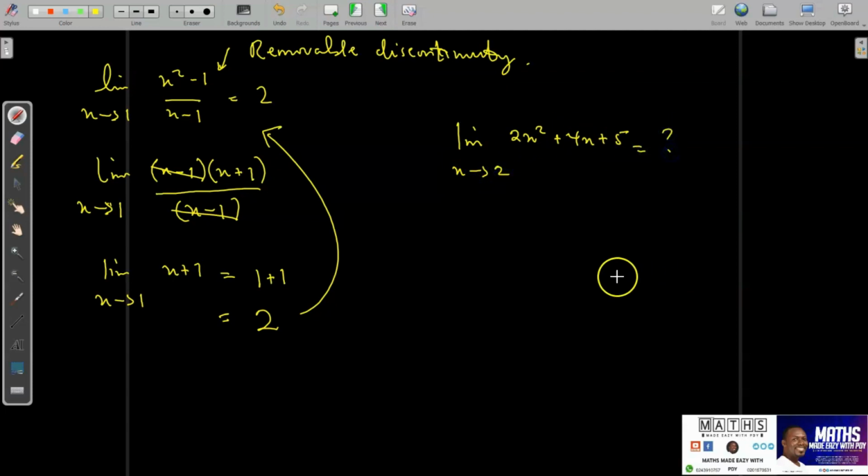What will the answer be? Try it for me. Then that's number 1. Number 2, I have it as this. Limit of 9 minus x squared all over 3 minus x as x approaches 3. What will be the answer? Just try it for me.